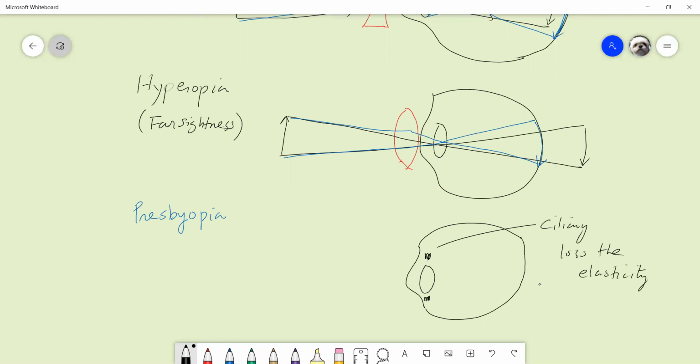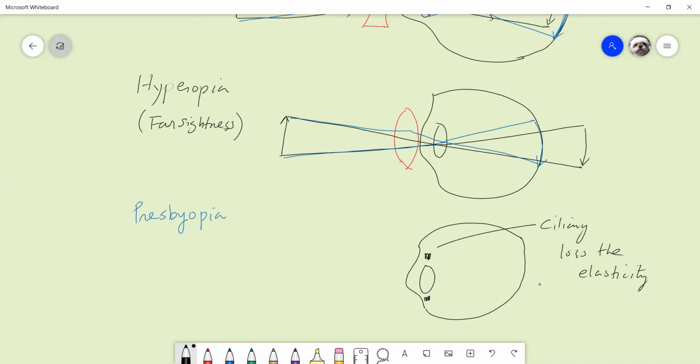So they're no longer able to control the focal point of the lens inside your eyes precisely. It's just like a rubber band. When the rubber band is getting old, they no longer have elasticity, or they become very brittle and break, right?